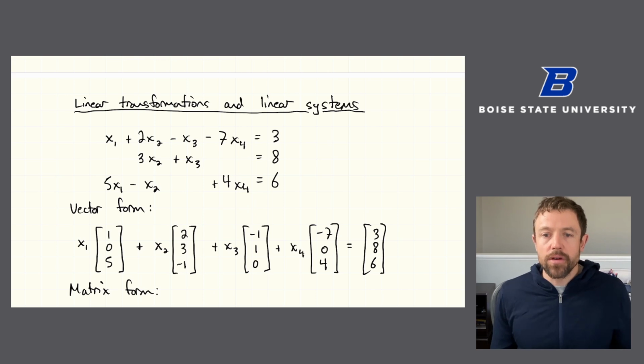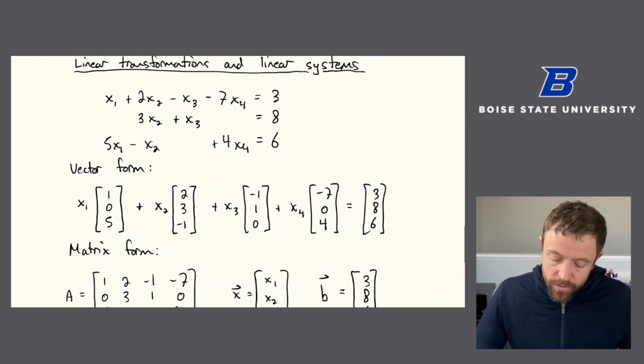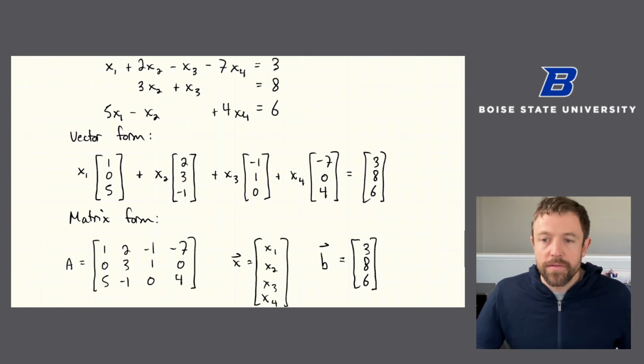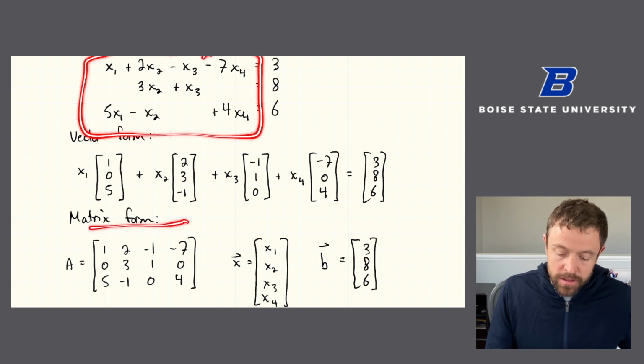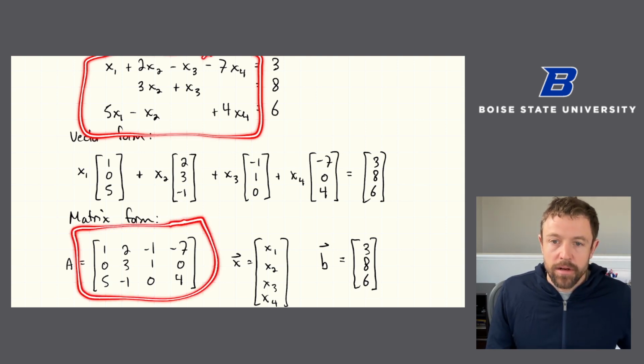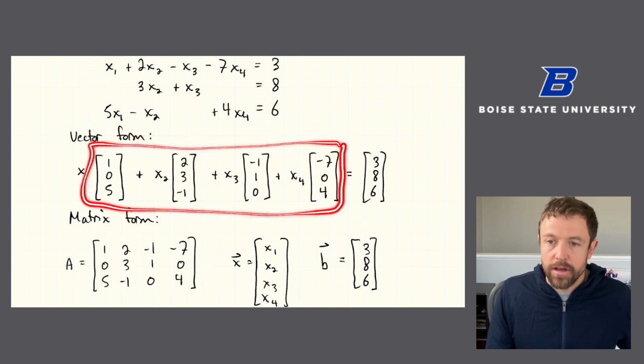We can rewrite this whole system as a single equation of one matrix times one vector being equal to another vector. So the matrix is going to be the coefficient matrix of the left-hand sides of the equations. So you can think of this as all of these coefficients placed into here, or equivalently, it's just all the vectors here as the columns.